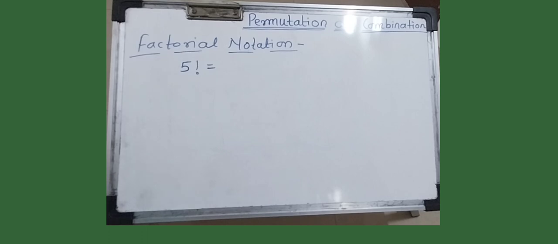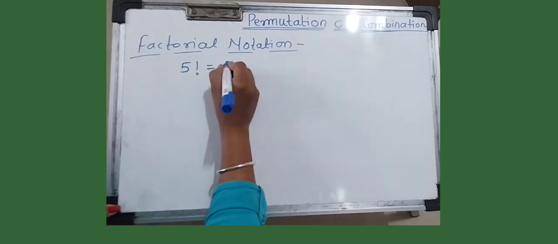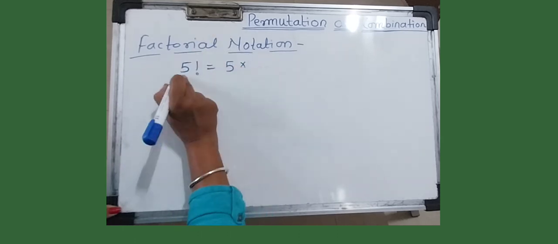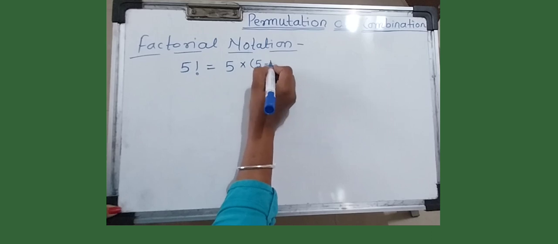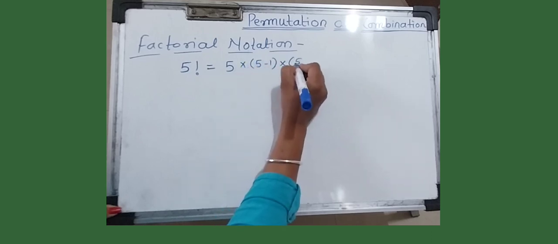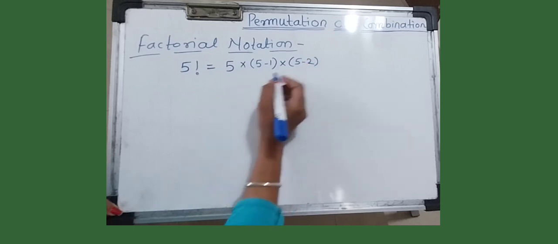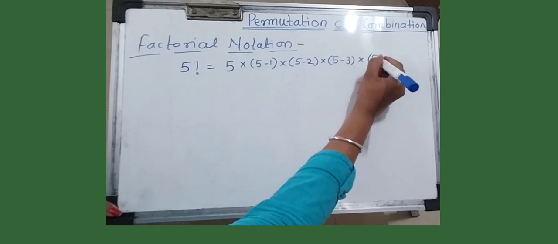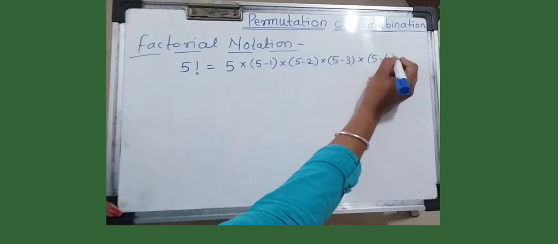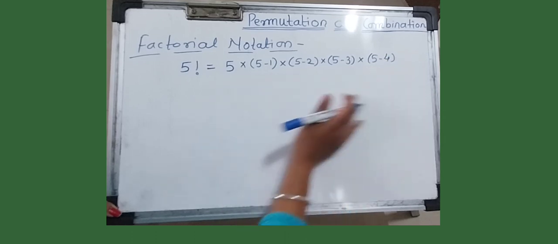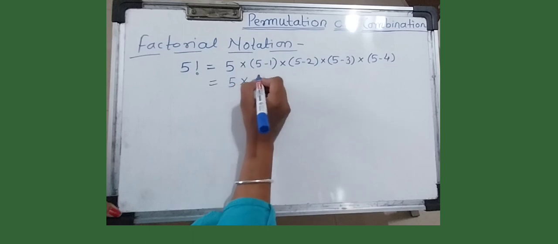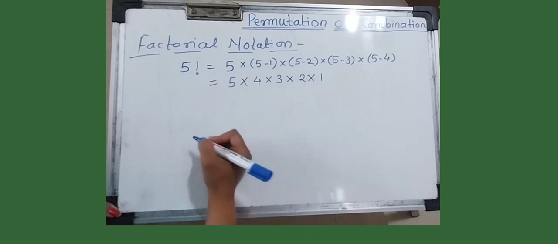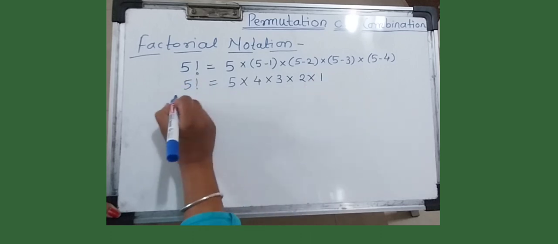If I want to find 5 factorial, see, 5 keep as it is, into this number minus 1, same number minus 2, minus 3, minus 4. Okay. What it means? It means 5 into 4 into 3 into 2 into 1. Okay. 5 factorial means this.